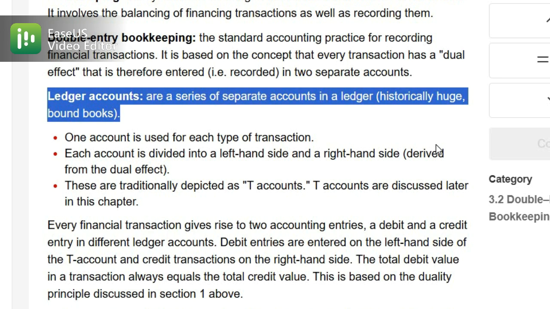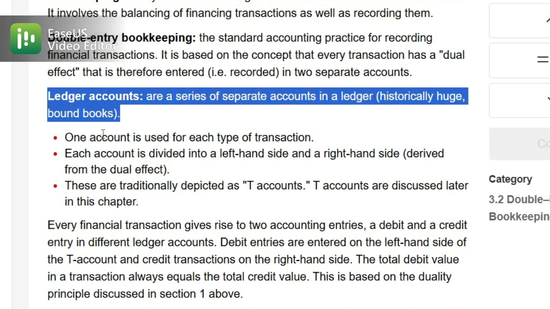For example, you have one account for cash, one account for your inventory, one account for your expenses, and one account for your income. Each account is drawn like a T account.